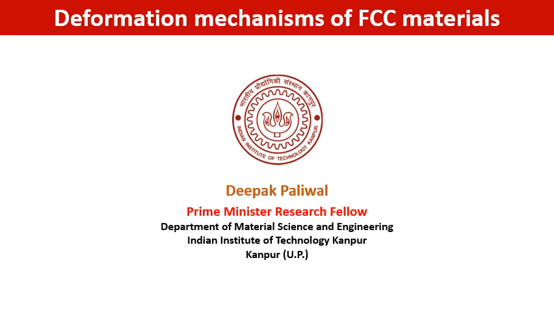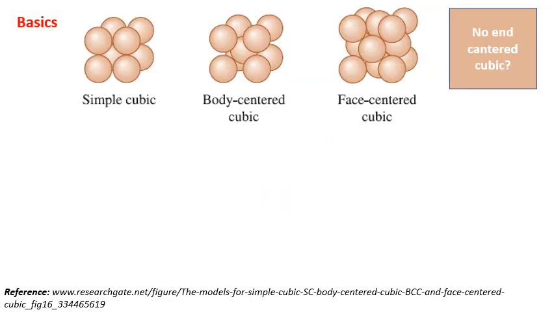So without wasting time, let us start with the basics of the different crystal systems. Very first we will deal with the cubic system. We have 7 crystal systems and 14 Bravais lattices. Among them we have the cubic crystal system.